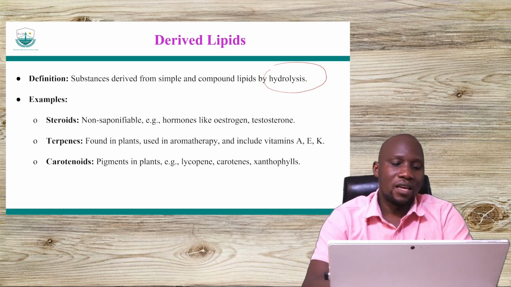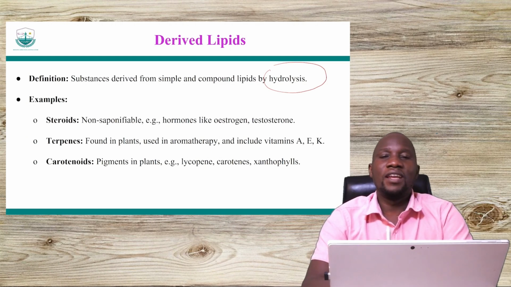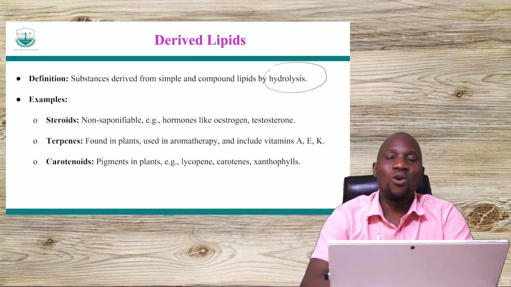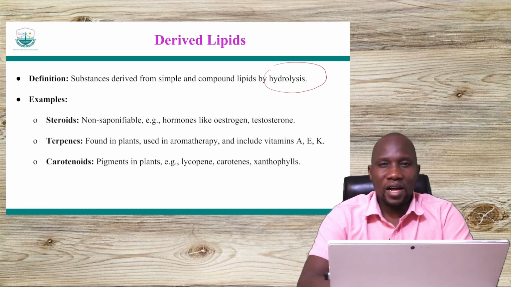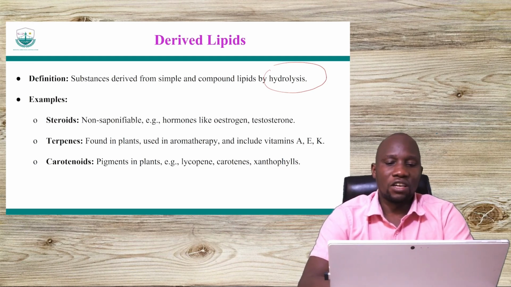The terpenes and then the carotenoids are also examples of derived lipids. The steroids are non-saponifiable. This is to mean that they cannot undergo saponification. If you remember how soap is made, the process called saponification.